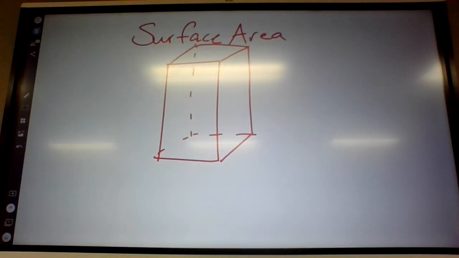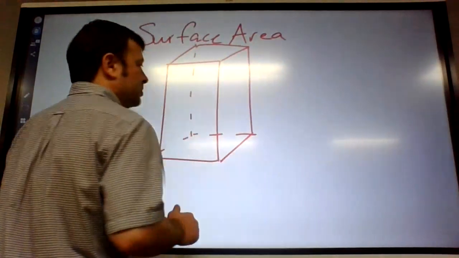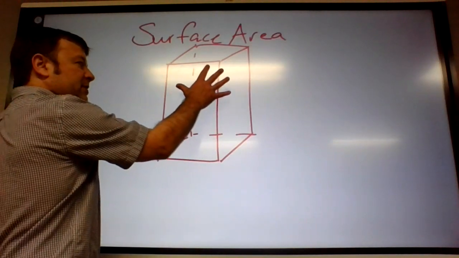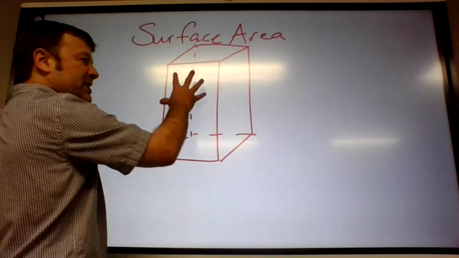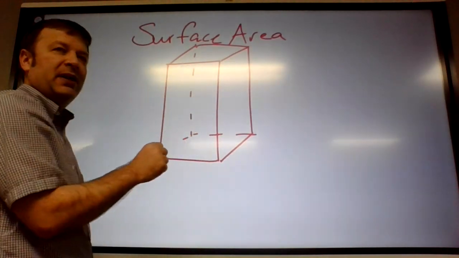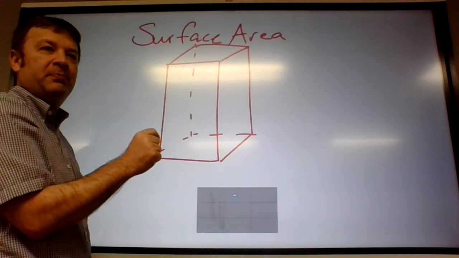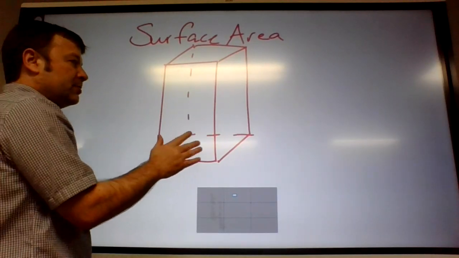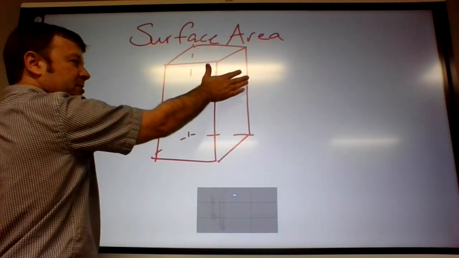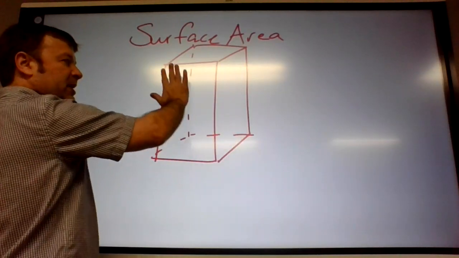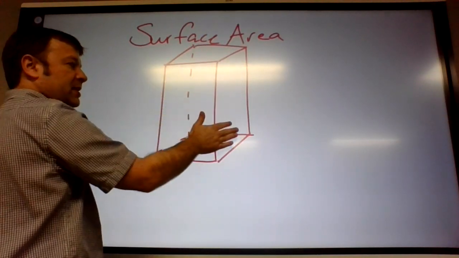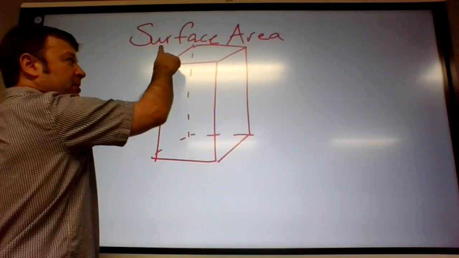Well, you have space inside the rectangular prism, and that space is measured by what we call volume. But sometimes you want to know how much space is covered just by the flat surfaces on the outside of the shape. And that would be called surface area.